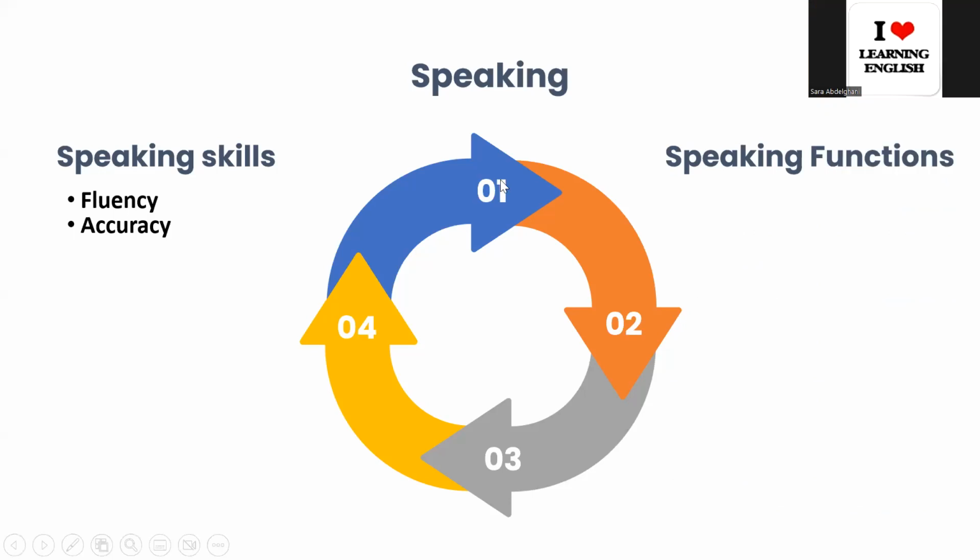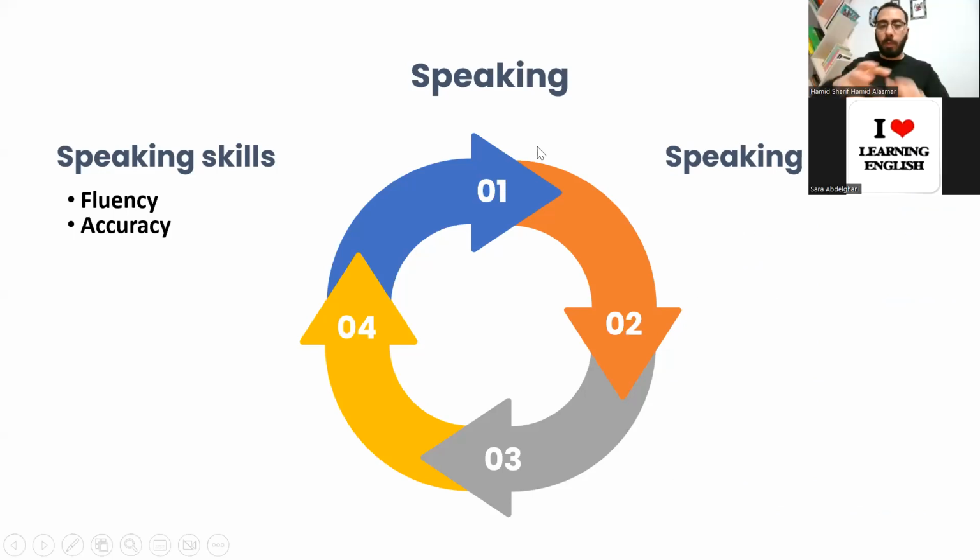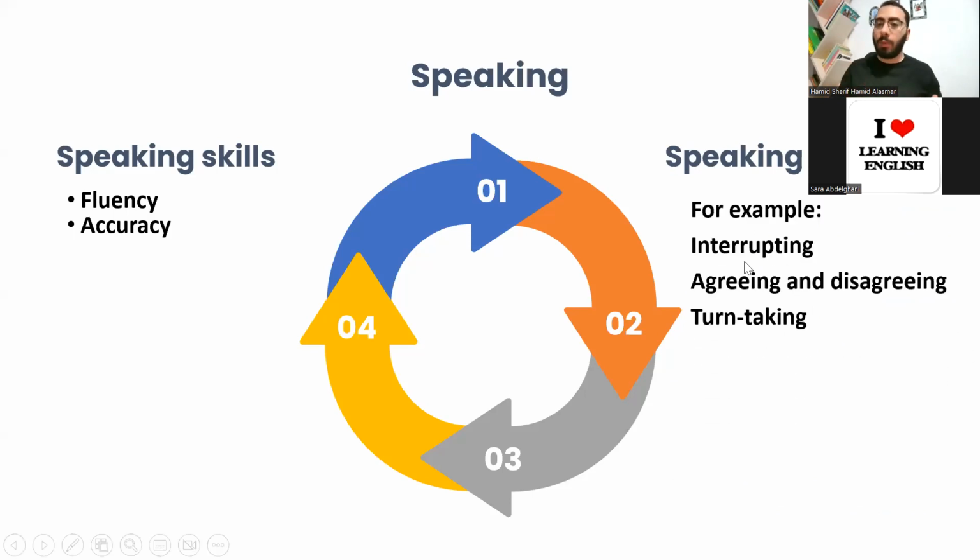To perform efficiently and to improve the fluency or accuracy of any student, you would need to use some of the functions. These are, for example, how to interrupt, what phrases we can use to agree or disagree, and turn taking, like how to take turns while speaking. All of those are different functions that we can use to promote fluency or accuracy.